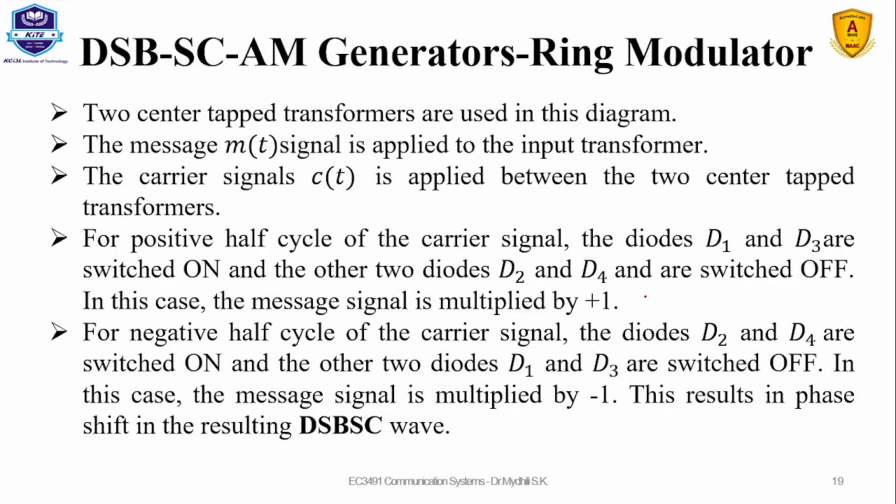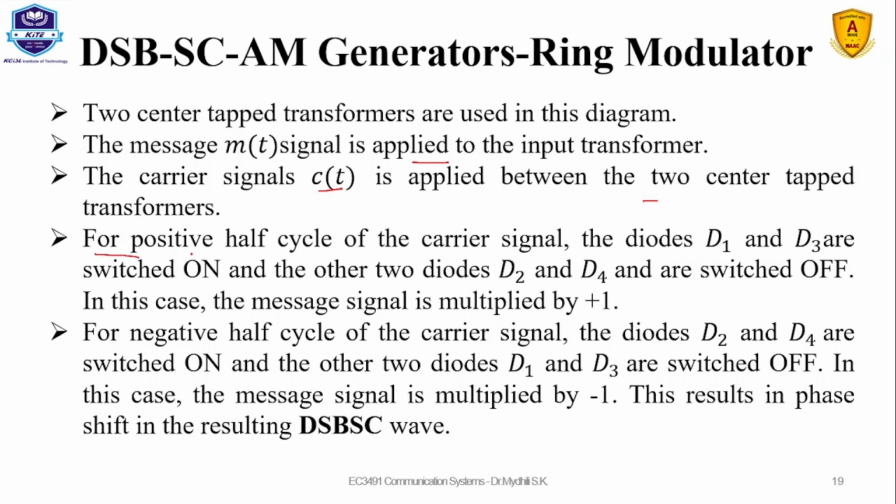Now we are going to see how the message signal and carrier signal operate to produce the output. The message signal is applied to the input transformer, and the carrier CT is applied between the two center tap transformers.